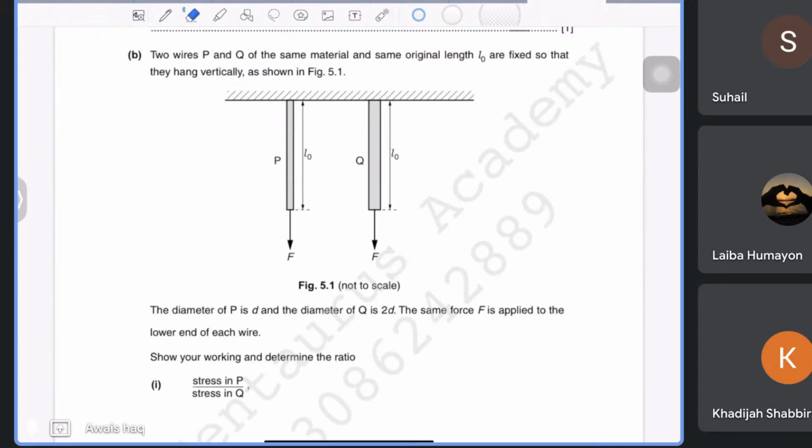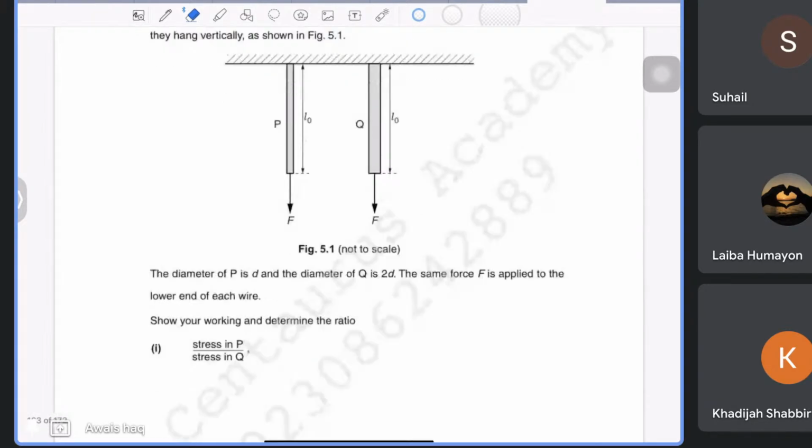Show your working, determine the ratio. So you have the same force, and so the stress. In any ratio questions, you should make a table. Stress, force, area, because I know that stress is force over area. And the diameter is given, so I'm going to write diameter as well. The diameter of P is D, and the diameter of Q is 2D.